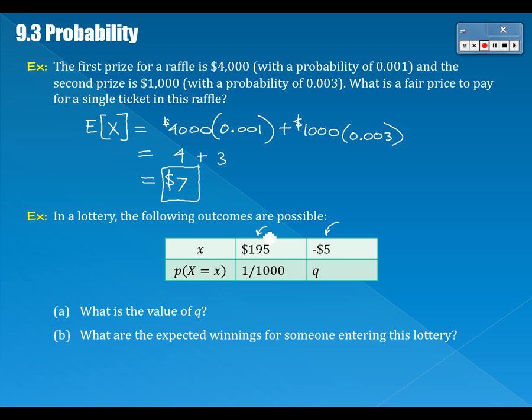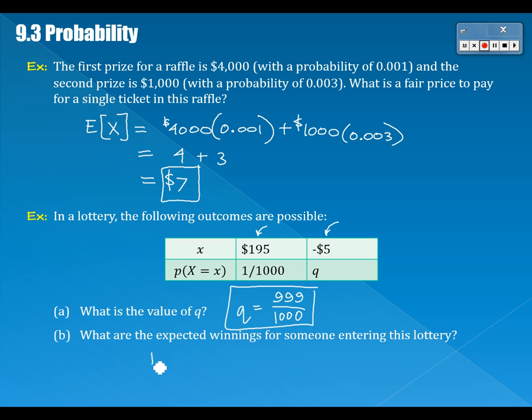First of all, of course, the value of Q must be, because this is a probability distribution, 999 out of 1,000. I don't have more to say about that. But then what are the expected winnings for someone entering this lottery? What on average happens? Normally it looks like, a lot of the time you go away with a negative value, but let's actually compute it.